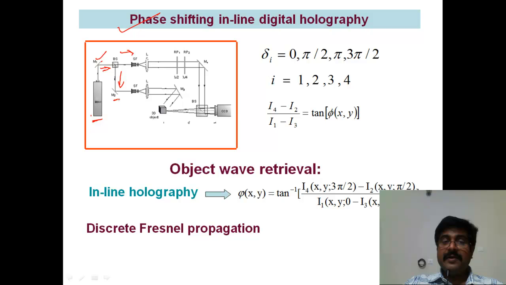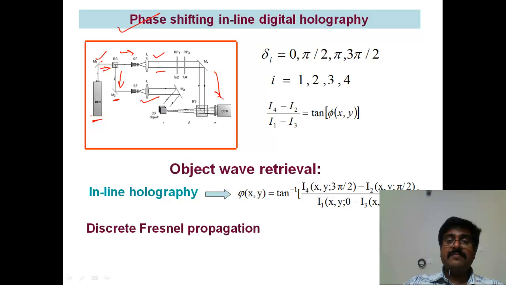Again there is a mirror M2 which reflects in this way, and there is a spatial filter. The spatial filter removes the noise in the beam, and it is collimated by lenses. Collimation makes the beam parallel.